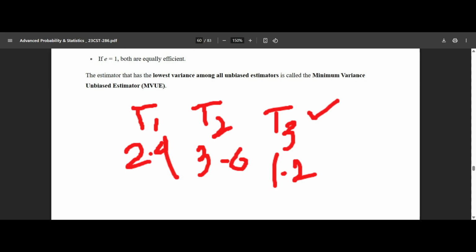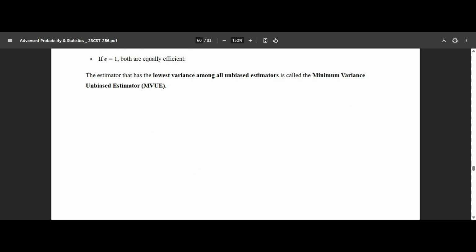Then T3 is the most efficient estimator, as well as it is the MVUE of the given thing. Hope it's clear. What's a minimum variance unbiased estimator? Because T3 का सबसे low variance था.